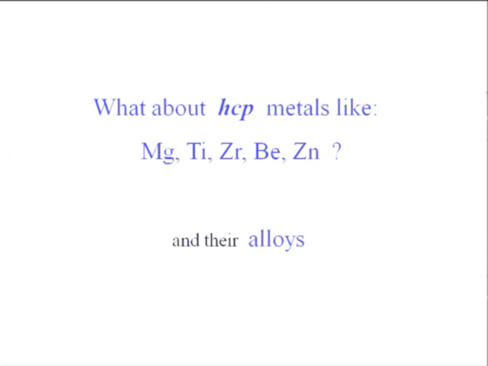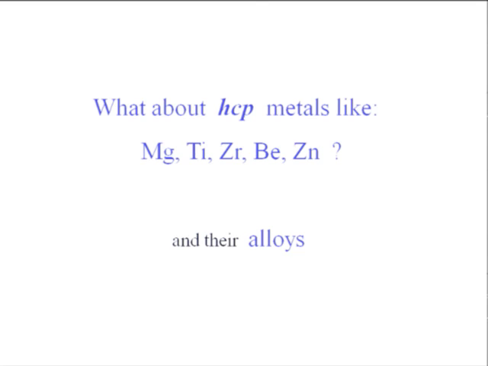But what about the metals or their alloys if the structure remains basically the fundamental structure, like magnesium, titanium, zirconium, beryllium, zinc, etc.? These are very common structural materials, today very intensively investigated by many different techniques.